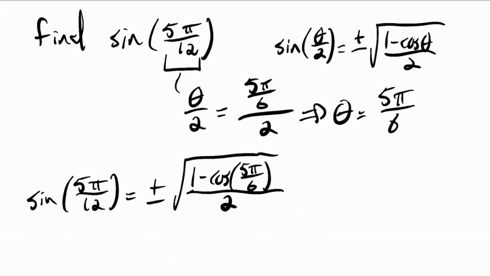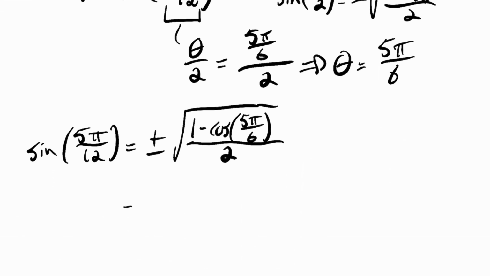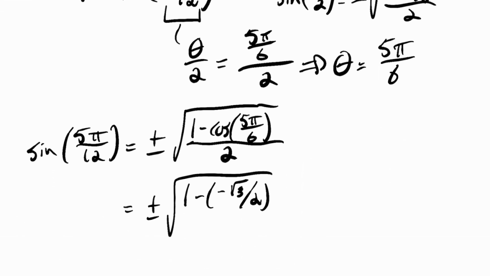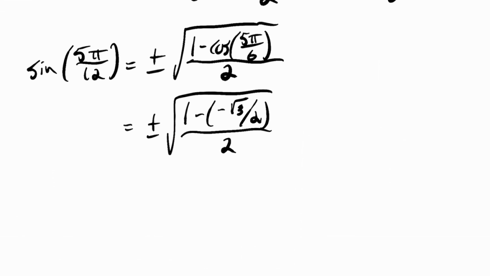I'll leave the plus minus as is for now. We'll figure out which one to use in a moment. So plus minus square root. Cosine of 5 pi over 6 is negative root 3 over 2. So I have 1 minus negative root 3 over 2, all over 2. Again, we'll leave the plus minus as it is and deal with that in a moment.